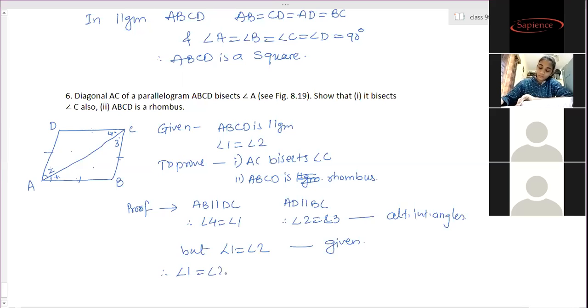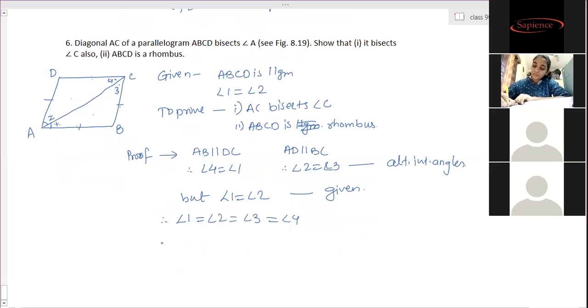Therefore angle 1 is equal to angle 2 is equal to angle 3 is equal to angle 4. Therefore angle 3 is equal to angle 4. This means AC bisects angle C.